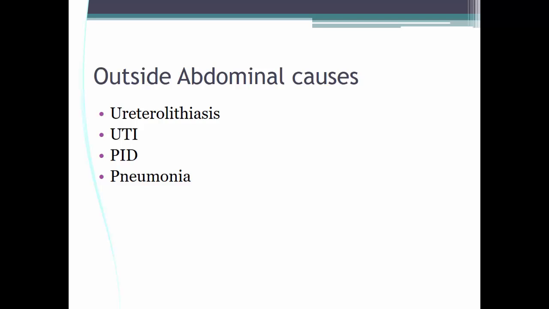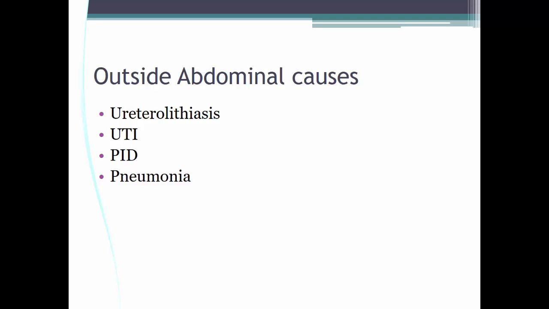Outside of the abdomen, causes of abdominal pain, ureterolithiasis, meaning that it doesn't belong to the GI, but it could produce abdominal pain. For example, as previously stated, let's start with the pneumonia. What do you have in the upper quadrants of the abdomen? You have the lower lobes of the lung.